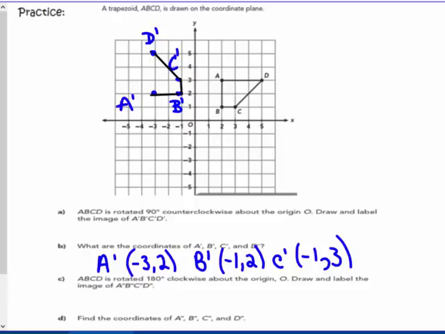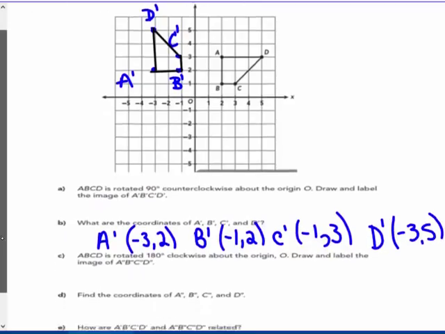Hopefully yours is working, your pencil. Okay, there we go. So we have A prime, B prime, C prime, D prime. And I didn't list D over here. So D's image is -3, 5.